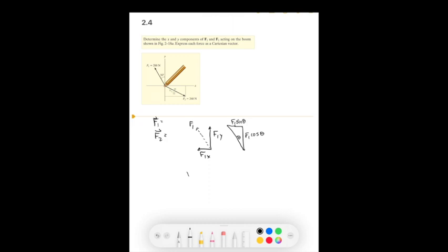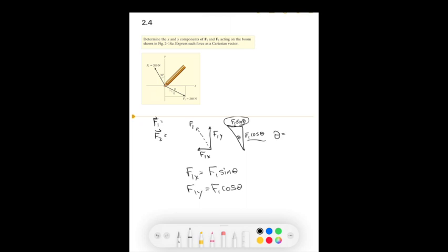And so we see in this case that F1x is equal to F1 sine theta, and that F1y is equal to F1 cosine of theta.